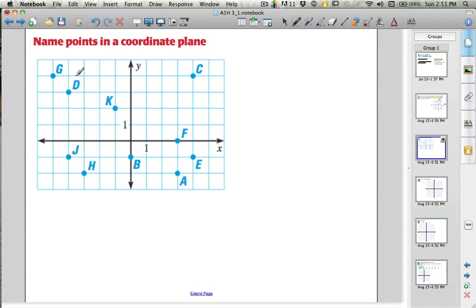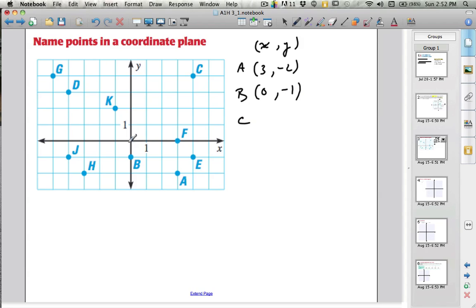Now, if we wanted to identify all these different points, we're really counting horizontal change, which is x, and vertical change, which is y, from the origin. Looking at point A, it's 1, 2, 3 to the right, that's positive 3, and down 2, that's negative 2. For B, it's 0 change horizontally, and down 1, which is negative 1.